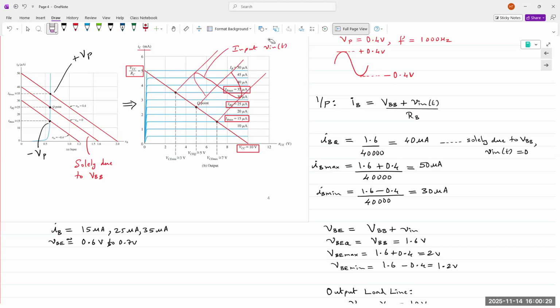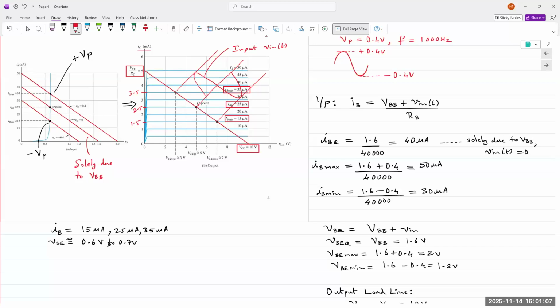At the Q point, when your input current is 25 microamps, what is your output IC? Anyone? Output IC is 2.5, right? When it goes maximum, IC goes max, so you get 3.5. So 2.5, 3.5, and when it goes minimum, you get 1.5.